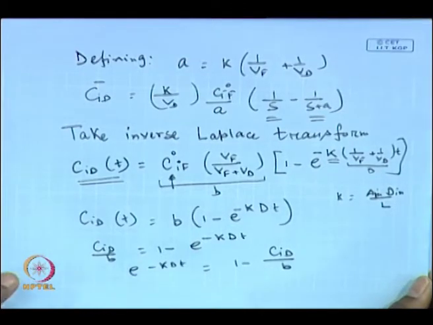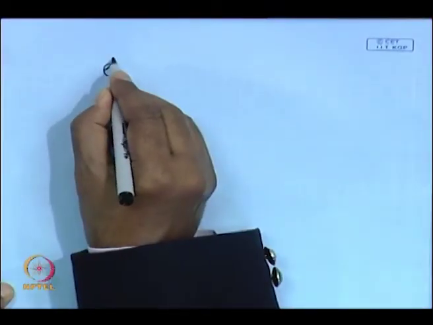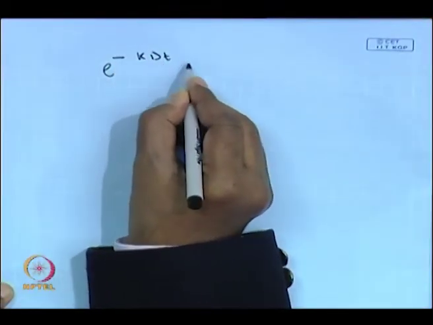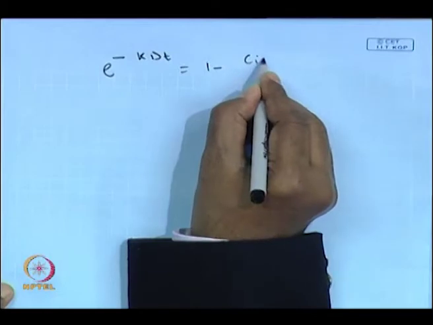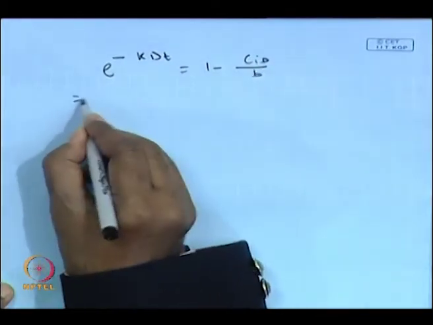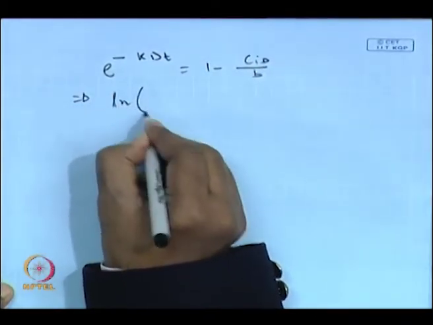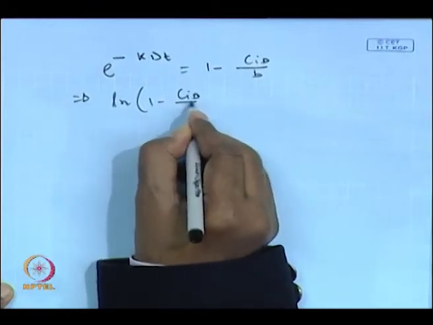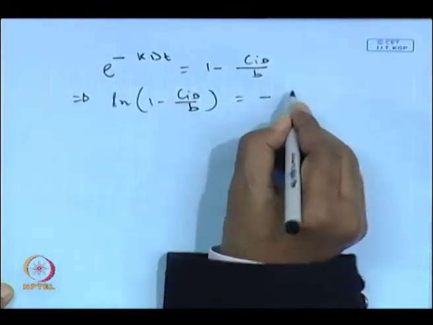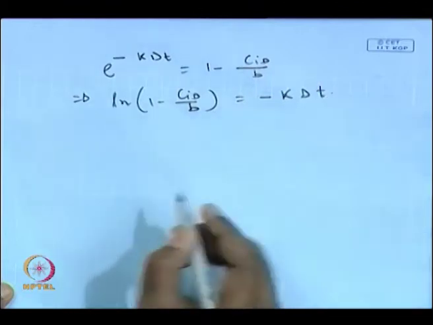Okay. Now, we are going to take the log on both sides. If you take the log, ln(1 minus C_ID by b) is nothing but minus K d t, right.